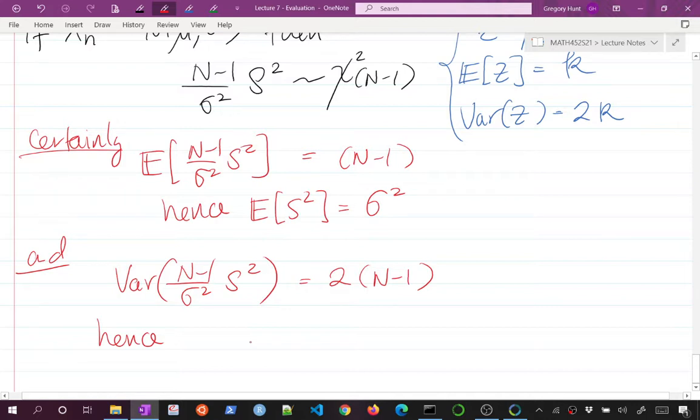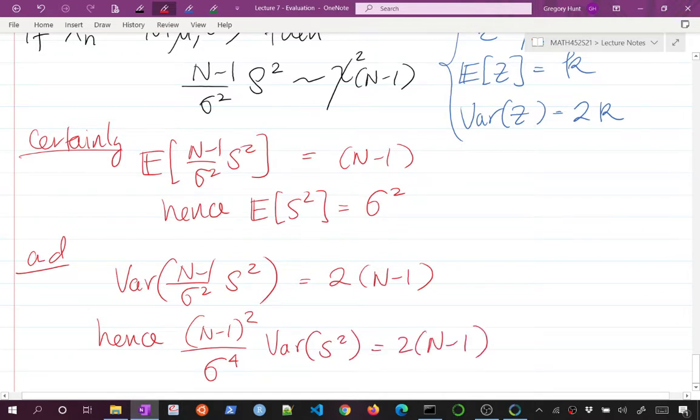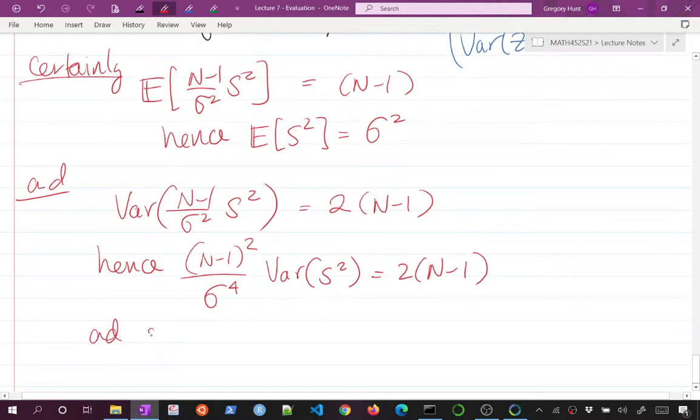So what do we get? We get n minus 1 quantity squared over sigma to the 4th times the variance of s squared is 2 times n minus 1. And so if I just do some rearranging here, the variance of s squared is 2 sigma to the 4th power over n minus 1.